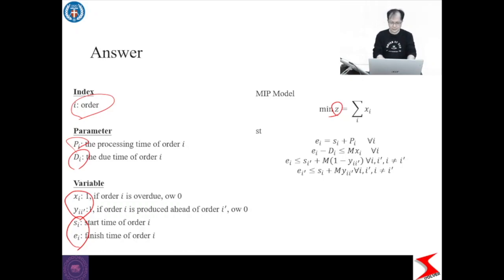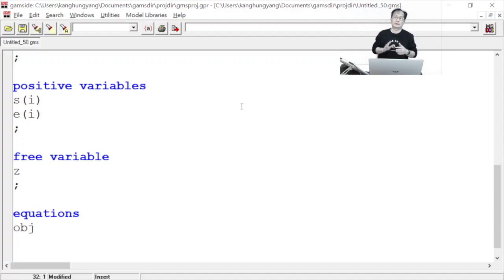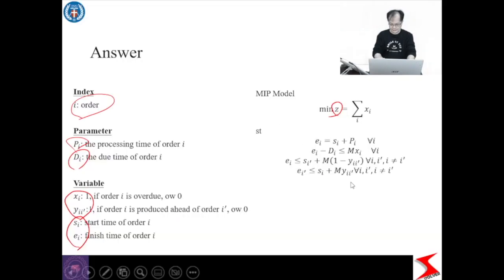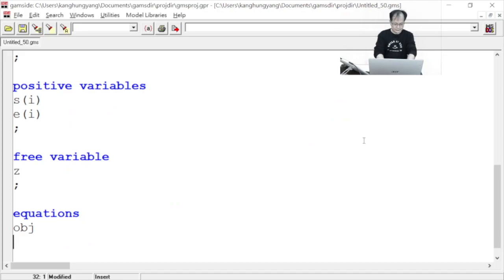Okay, so we can determine our objective, and we have 4 different constraints, right? The first one is the relationship between the finish time and start time of order I, here, right? So maybe I just call it relationship.